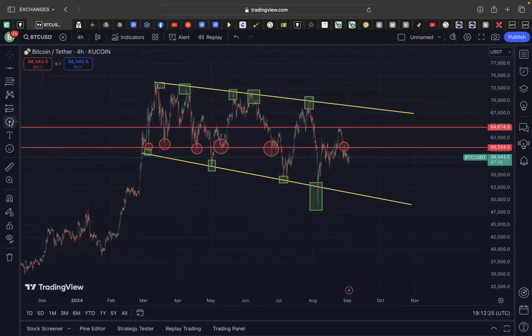Again, I'm just going to use the circles to show you why these levels are also important.